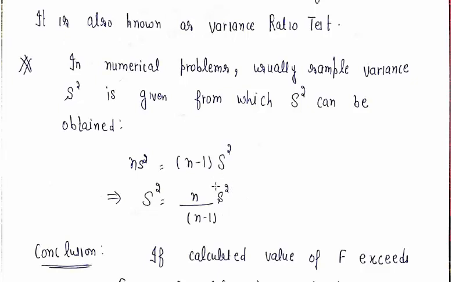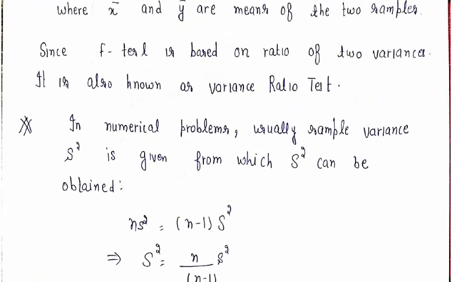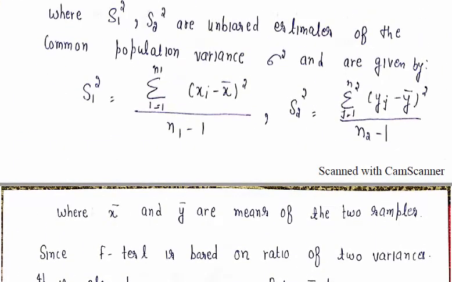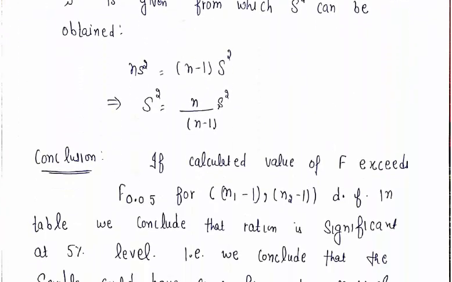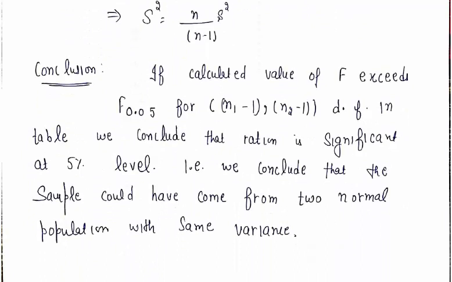So from the variance of the sample, we find the value of capital S square. Then after finding the F statistic, we find the table value.